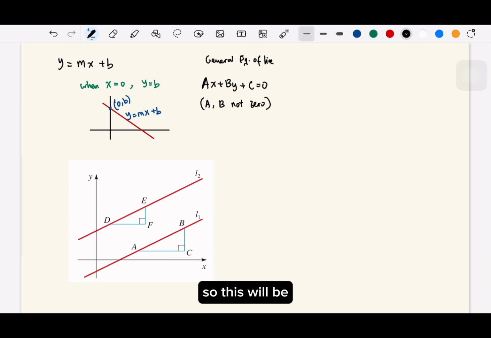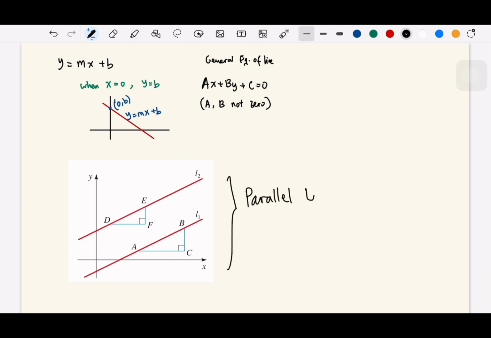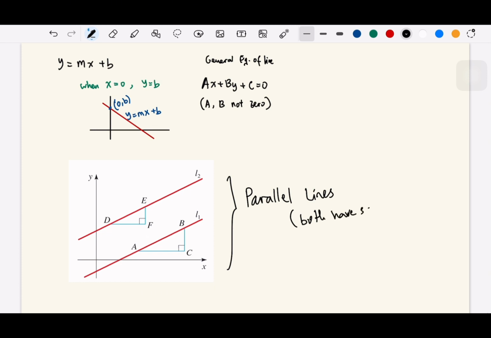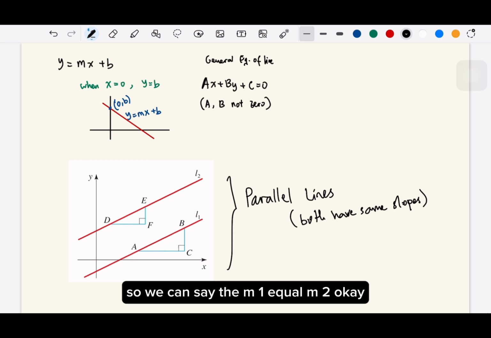So this will be parallel lines, meaning they both have the same slopes. So we can say that M1 equals M2, okay?